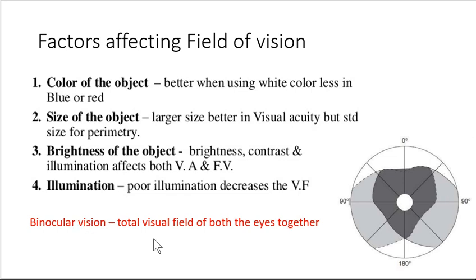Binocular vision is nothing but the total visual field of both eyes. If no eye is closed, this vision will combine with this vision, so it is a kind of crescent-type vision. The vision is elongated on the nasal side especially. So this is all about the factors affecting it.